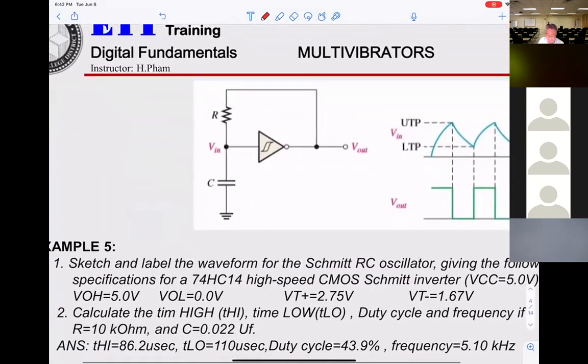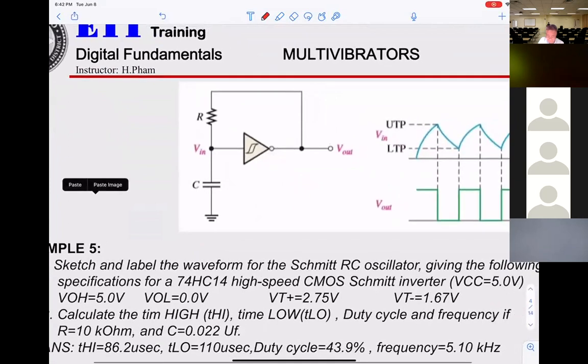Okay, those are the data sheet values that you get for the VT on the high and VT when it's on the low. So those do not change. They cannot change. Those are the data sheets. So therefore, your delta VC and E are worked out from those numbers respective to your 5 and your 0 volts. Exactly. And you use the same numbers for the other problem Mr. Pham had.